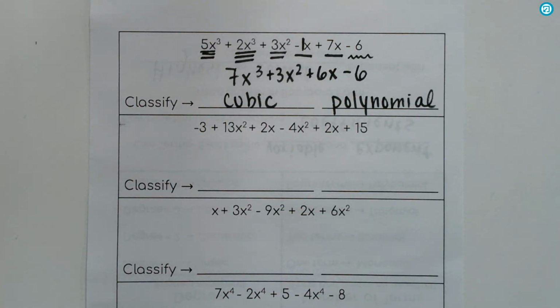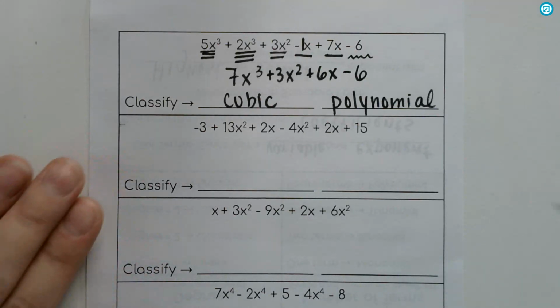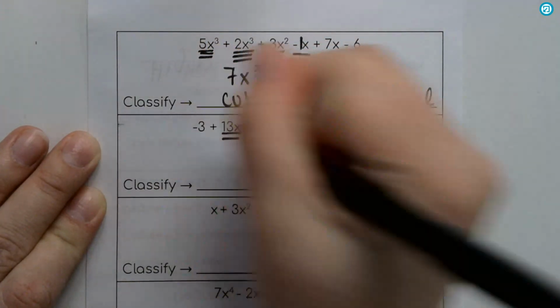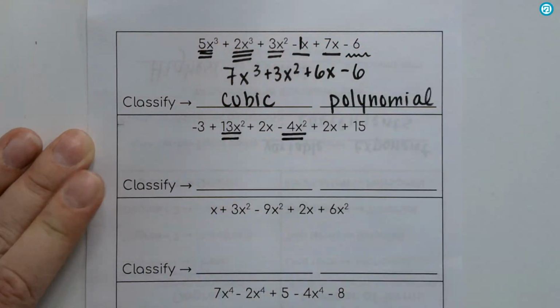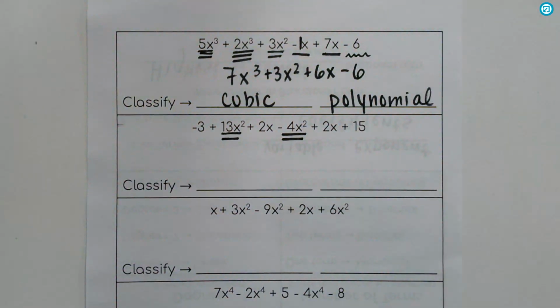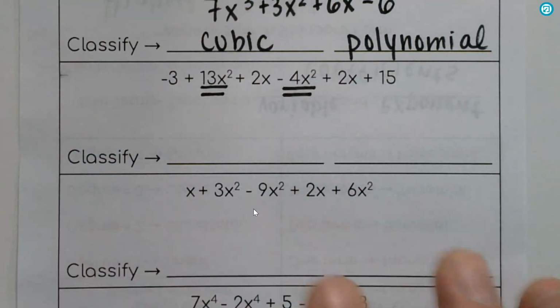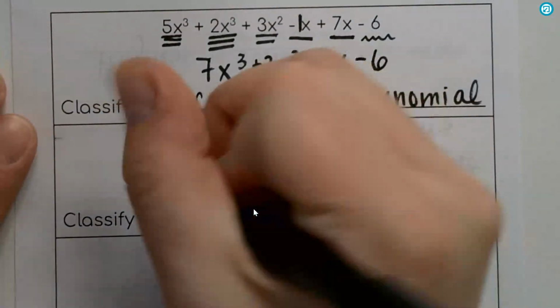Okay, let's move on to the next one. So we look through, and we always want to just go from highest exponent to lowest. So the highest exponent I see is x squared. So this 13x squared and this negative 4x squared can get combined together. 13 plus negative 4, or is the same thing as 13 minus 4. And that is 9. So I've got 9x squared.